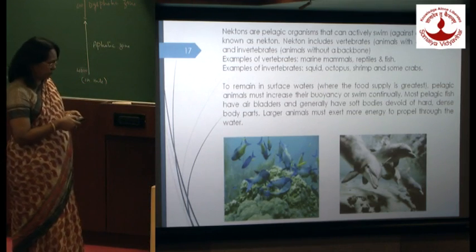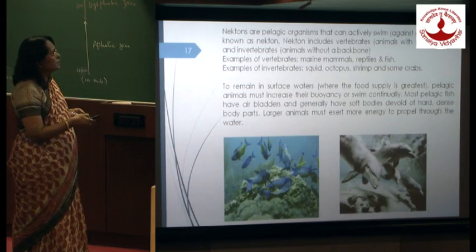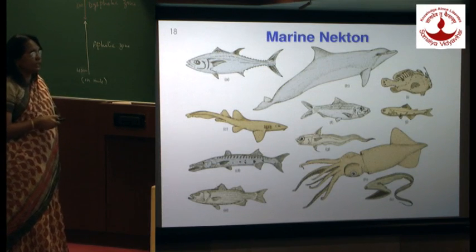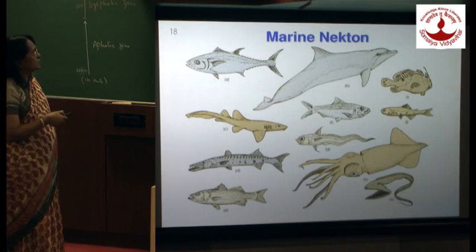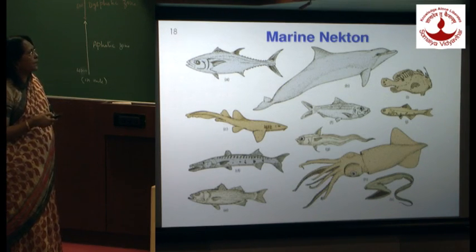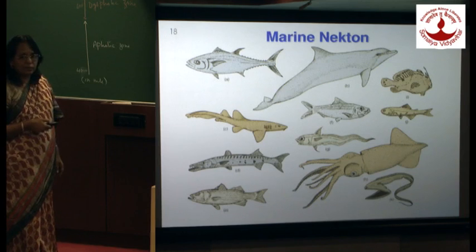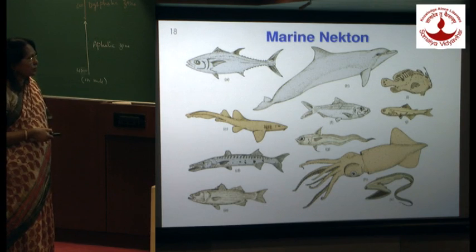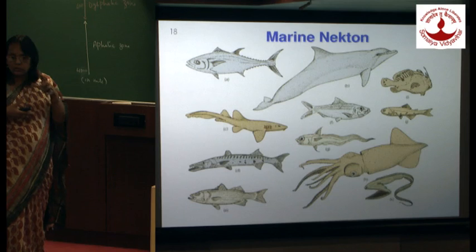Now this picture is about the nectons which can move by themselves. Now these are certain marine nectons. Now in nectons we have different types of fish, dolphins, then this fish, and here these are deep sea fish with adaptations. Now deep sea fish will have a very broad mouth.